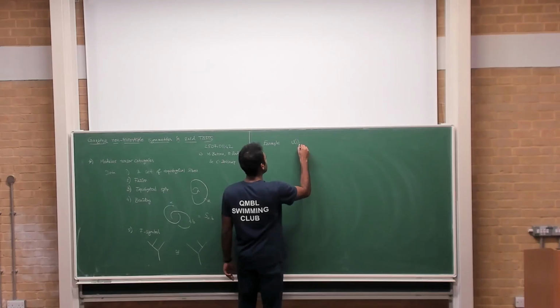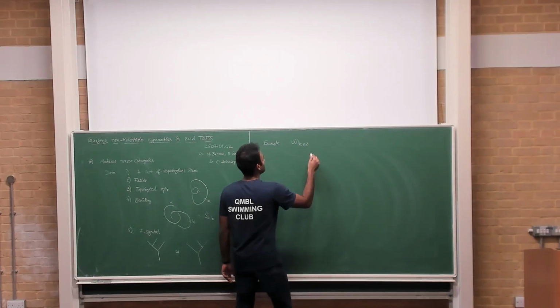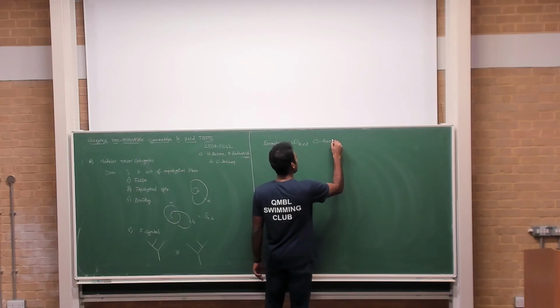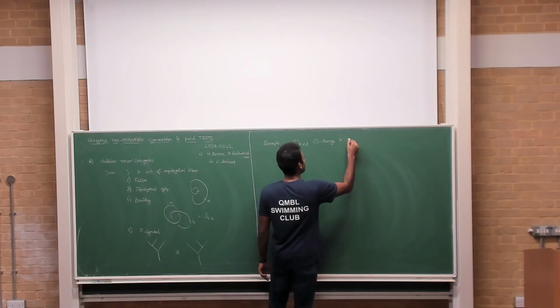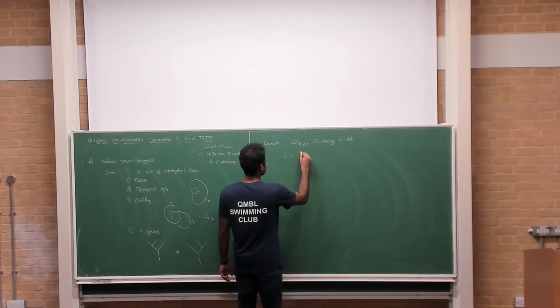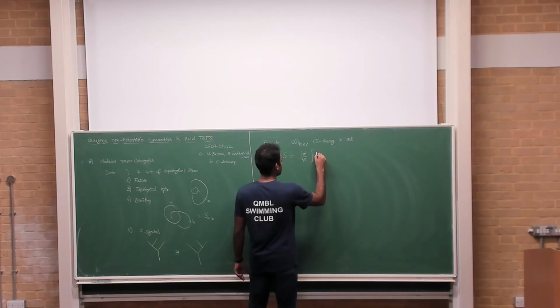U(1) at some integer level k, Chern-Simons theory in 3D. The action of this theory is the following.